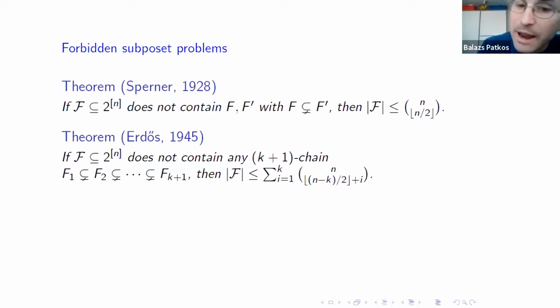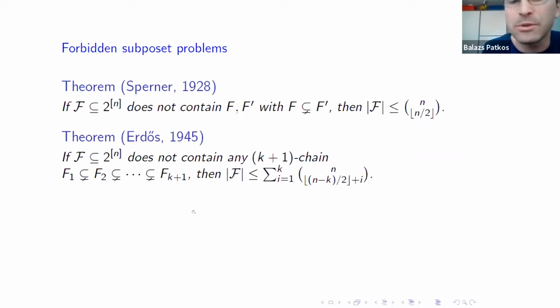And this was generalized by Erdős. Now we allow our family to have inclusions, but not too many, in the sense that there shouldn't be a nested sequence of k+1 sets. We call them (k+1)-chains, such that the largest one contains the second one contains the third one, and so on and so on.